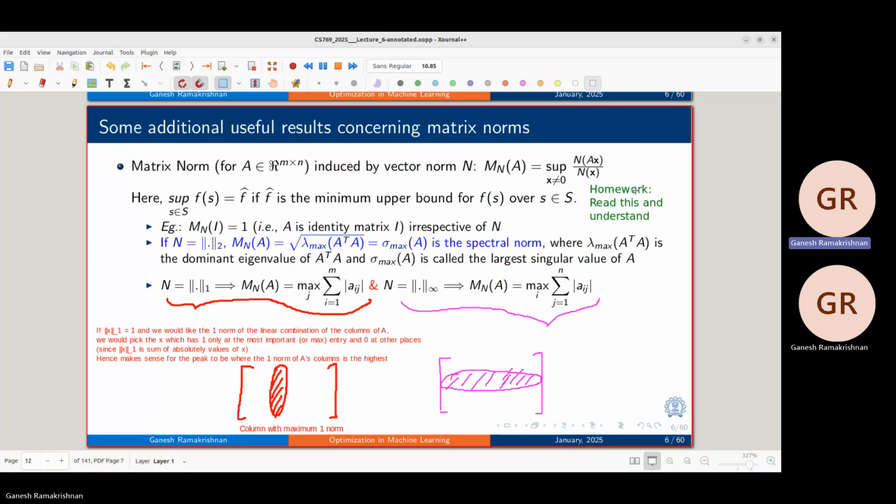So now we just generalize from the right hand side. Just look at this line.